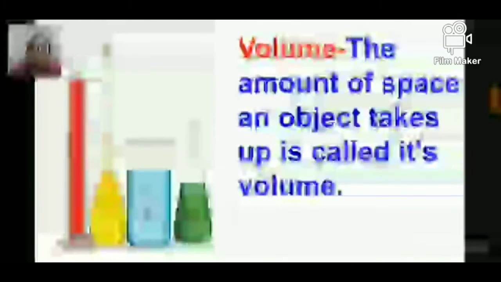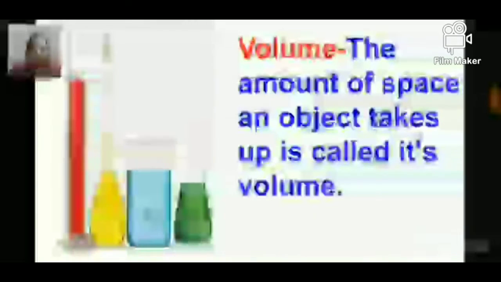Now, different things have different volume. In this picture, can you tell me the volume of which thing is more and the volume of which thing is less? Let us arrange the things which you can see in the order of decreasing volume.